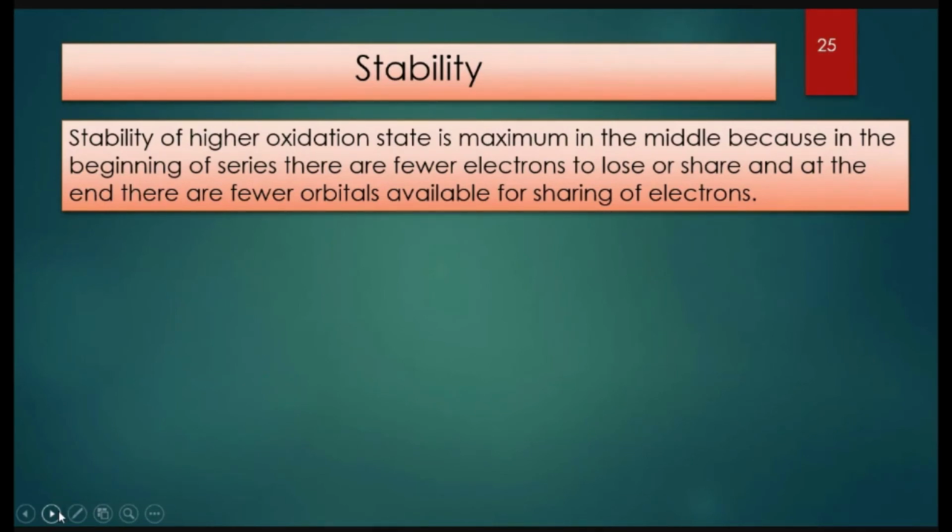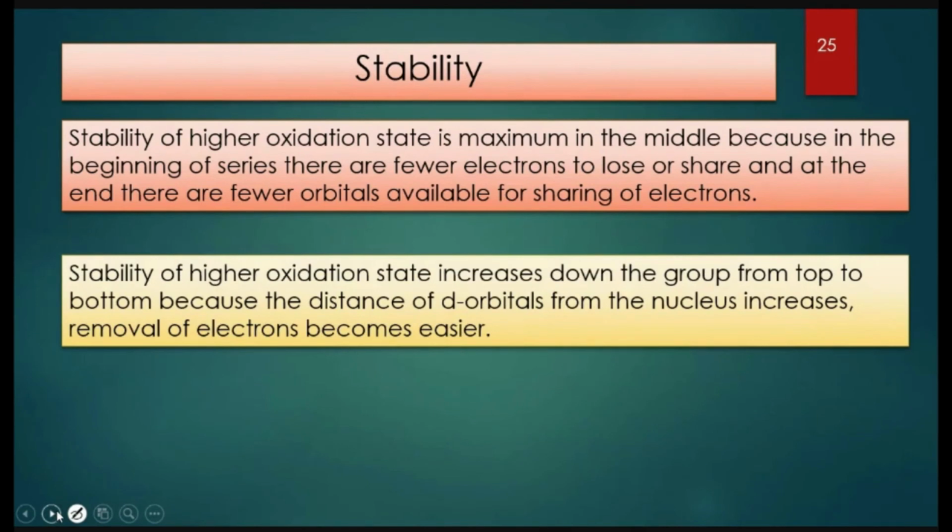In the case of scandium, only 3 electrons were available. That is why its oxidation state was only +3. So from scandium to manganese, fewer electrons are available for bond formation, and after manganese again there are fewer orbitals available for sharing of electrons. That is why the stability is at its maximum only when it comes to manganese.